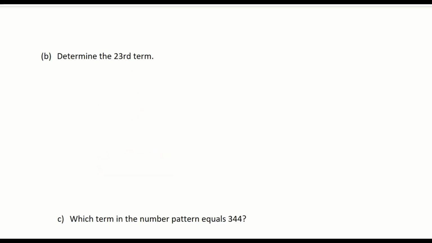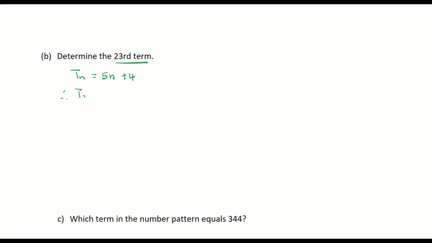The second part of the question says, determine the 23rd term. Now we write our rule down first. That was Tn is equal to 5n plus 4. And we use this rule to find the 23rd term. So in this case, they've given us the term number, 23. So where we see n, we substitute with 23 because n is your term number.